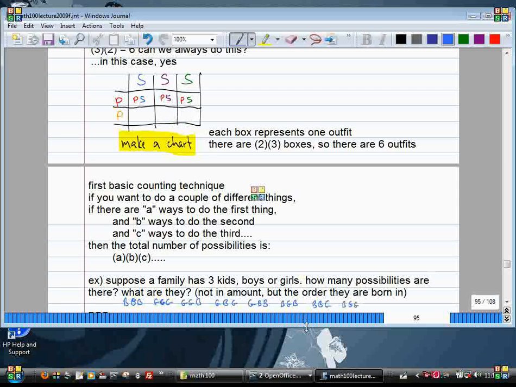Exactly. Now, how many? So in this case, we had 3 things that we had to fill in. Well, do you remember from talking about truth tables, when you have 3 things that you need to decide, how many possibilities, or think about in truth tables, how many lines in the truth table were there going to be? How'd you get 8? Do you remember where the 8 came from? Or do you just remember that it's 8?